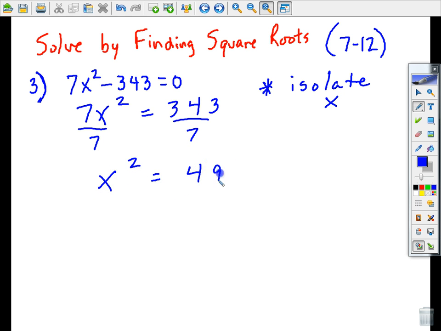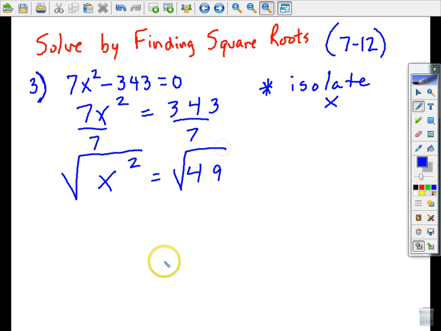And I believe that's 49. Okay? And obviously, all that's left is I have to undo raising x to the second power. And the way I do that is, well, there's really 2 different ways, but I'm going to take the square root of both sides.